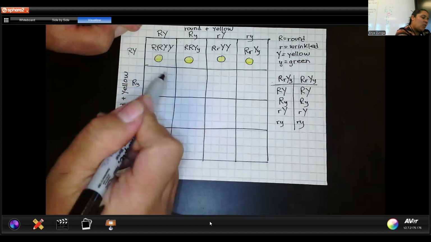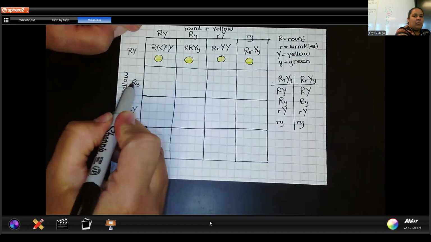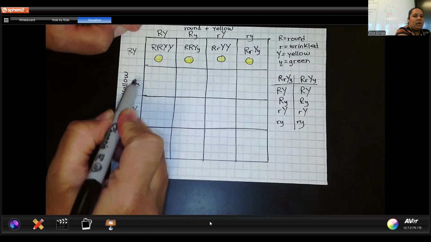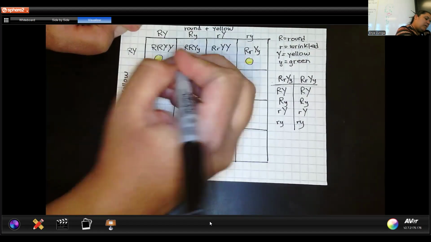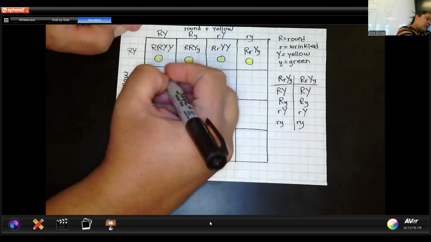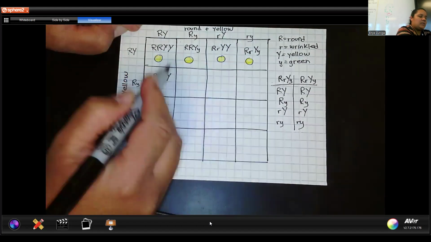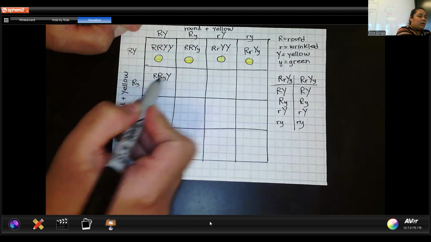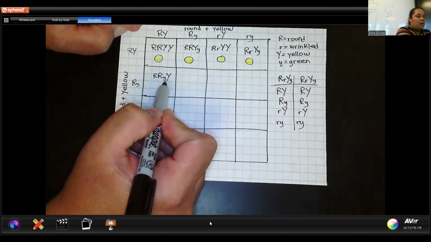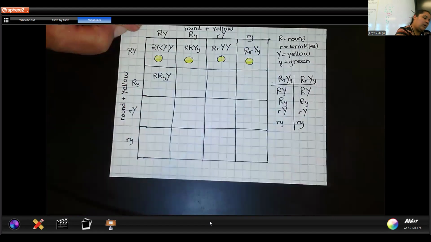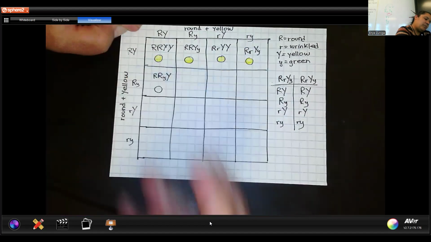Now on the next row, same thing. This one is capital R, lowercase y, uppercase Y. As long as we have one capital R, it's round. And as long as we have one capital Y, it's yellow. Okay, so this is round and yellow.